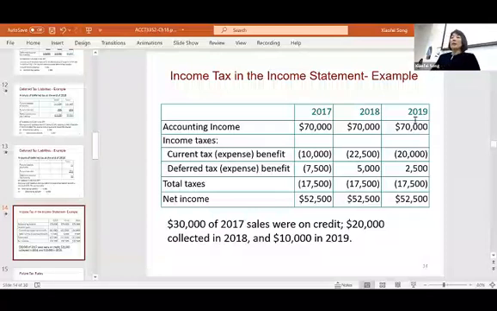So basically we can see in 2017 we have accounting income and there are no permanent differences. All the differences are temporary. That means the tax on this income is partially paid this year, and this 7,500 will be deferred to be paid in the future. In 2018, you're not only paying the current year's income tax, you are also paying 5,000 of the previous year's income tax.